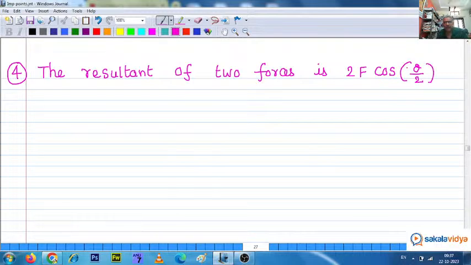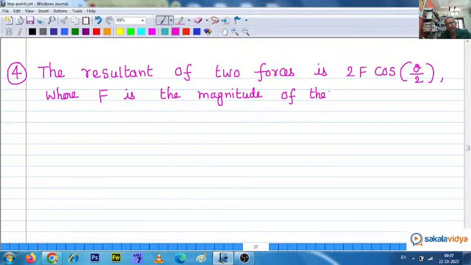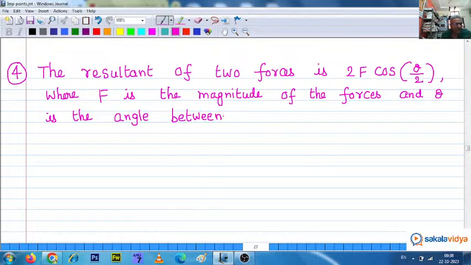Theta by 2 is half of theta. Here f is the magnitude of the forces and theta is the angle between the forces.